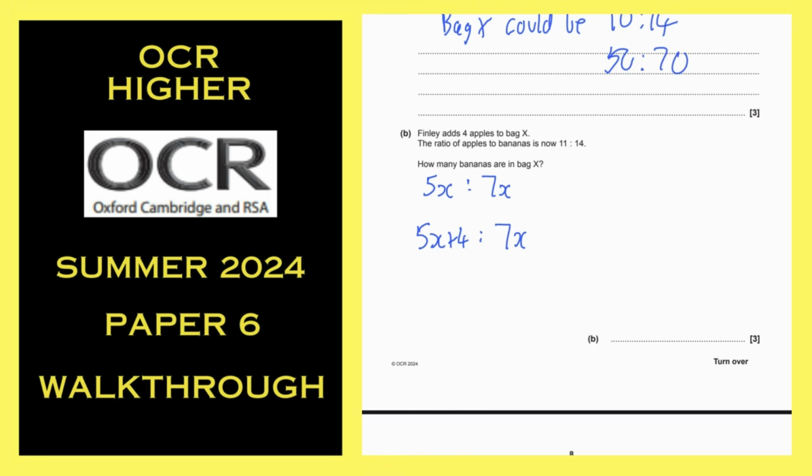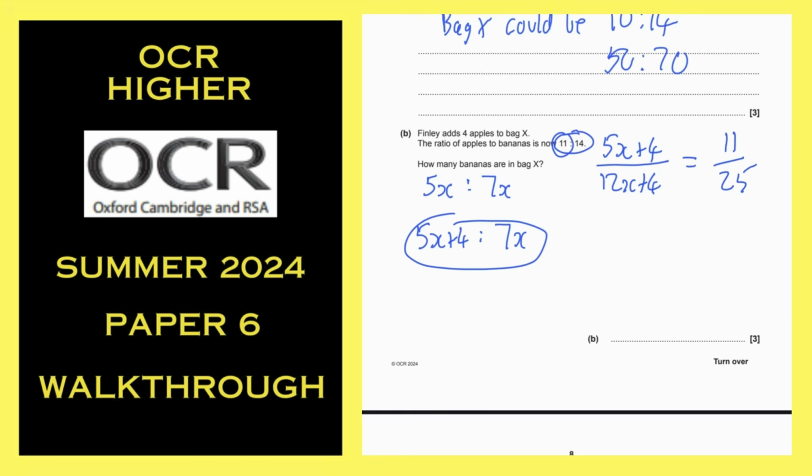And the idea with ratios, turning them into proportion, is that the amount of apples, which is 5x plus 4, out of the total amount of apples, which is 12x plus 4, will equal that proportion there. And we're talking about apples, so it's 11 out of 25.